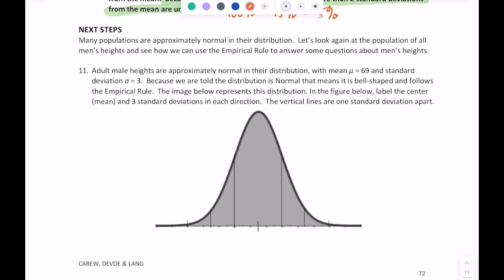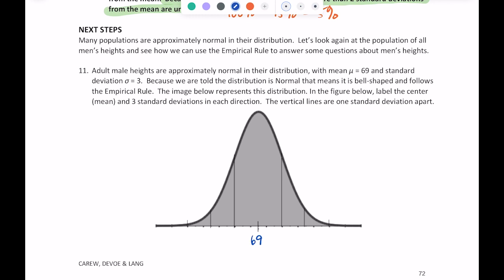Okay, so many populations are approximately normal in their distribution. Let's go back again and look at the population of all men's heights. We know that the mean went right in the center. That was 69 inches. I'll do this again to make sure we're clear. Our mean is 69, and because the standard deviation sigma is 3, we're going to add 3 each time to get 1 standard deviation out.